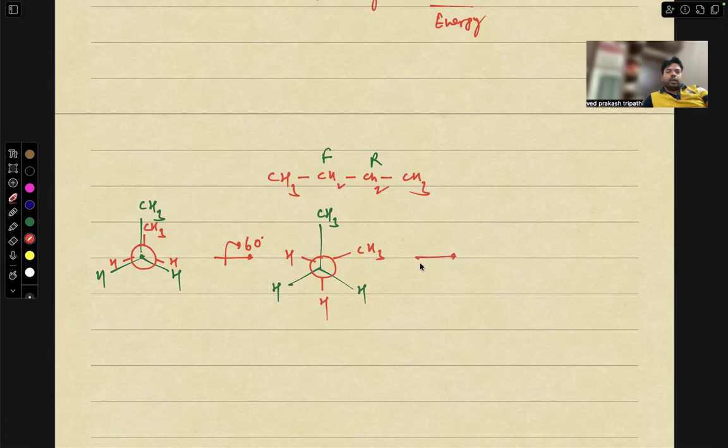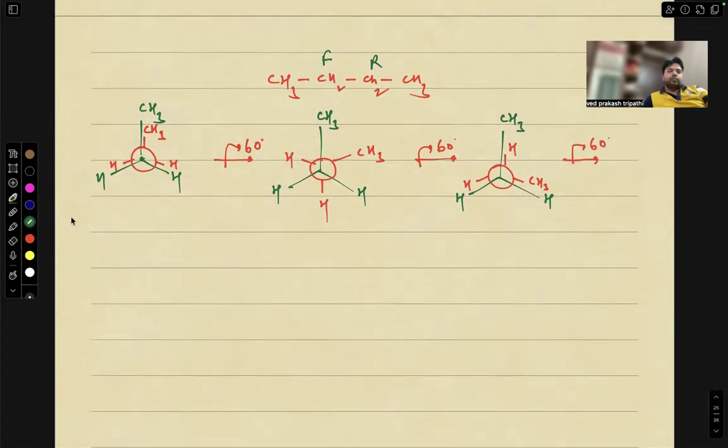Now I am going to rotate again 60 degrees clockwise, again fixing the front carbon: CH3, H, H, and the rear one is methyl, H, H. Again we rotate 60 degrees, fixing the front carbon: CH3, H, H. Now look at this methyl.